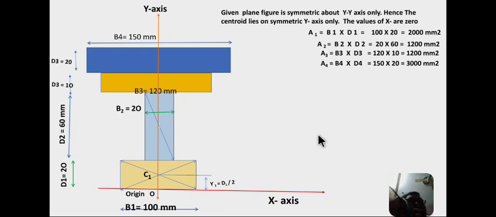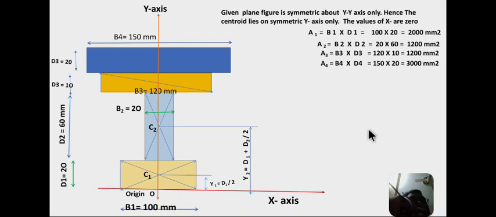In a similar way, I am drawing the diagonals for the second rectangle. C2 is the centroid of the second rectangle at a distance of y2 from the x-axis, that is y2 equal to D1, the height of the bottom rectangle, plus half of the second rectangle. So y2 equal to D1 plus D2 by 2.